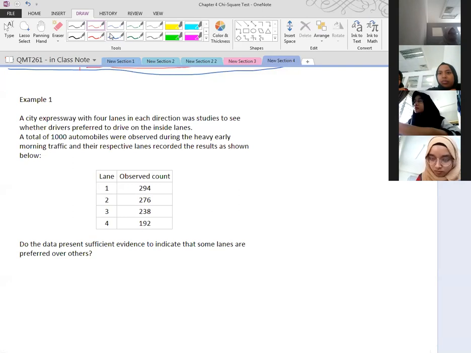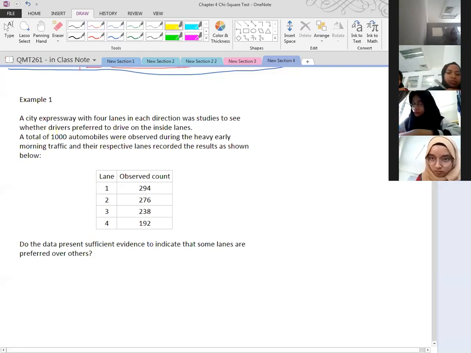A total of 1,000 automobiles were observed during the heavy early morning traffic, and their respective lanes recorded, with the result shown below. So we actually have 4 lanes, and this is the data recorded in the heavy early morning traffic.